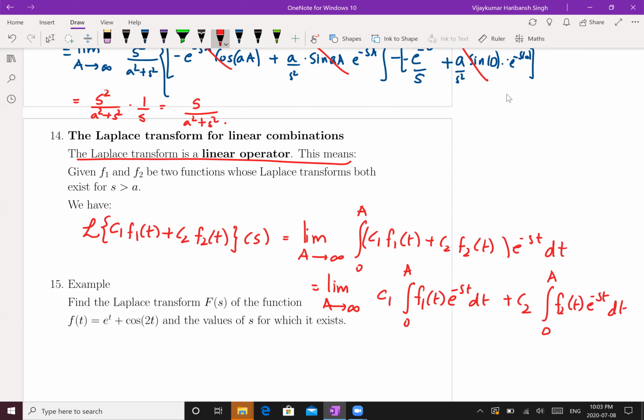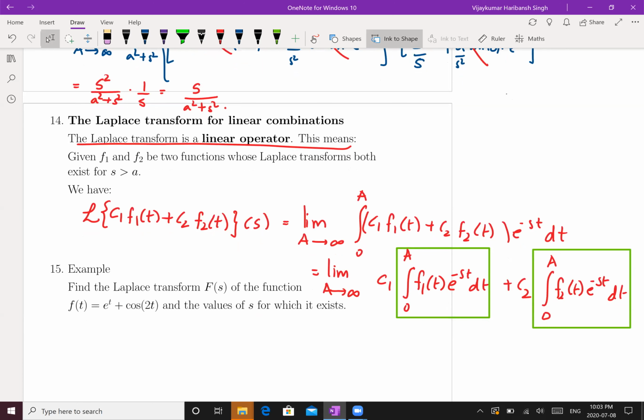Now if you look at these parts, the limit goes to both of them. You will see that this is equivalent to c1 times L of f1 t of s, and this will be c2 times L of f2 t evaluated at s, because we take the limit inside.